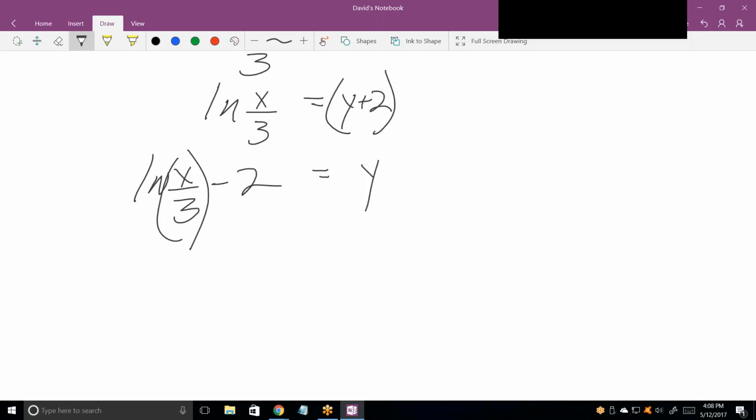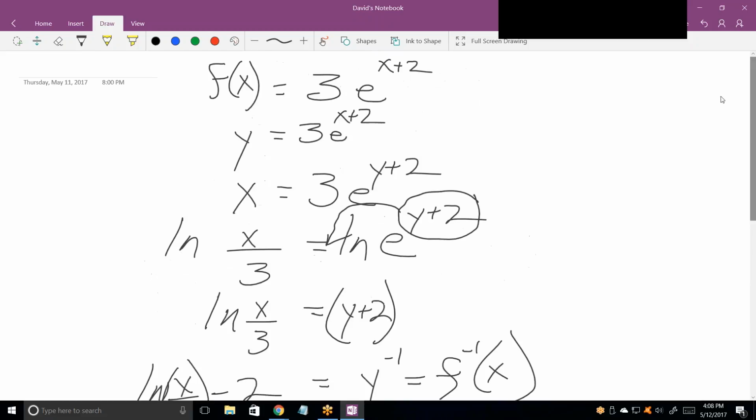And that's not y, that's y inverse, or f inverse of x. It's important to distinguish why that isn't y. In other words, if y started out as this, well, that's certainly not the same y when I get done.